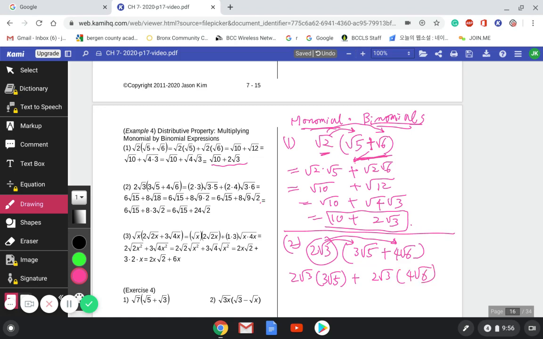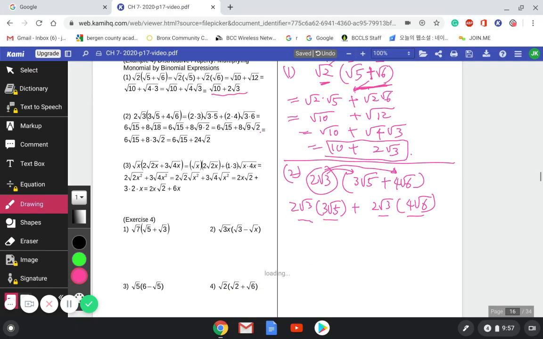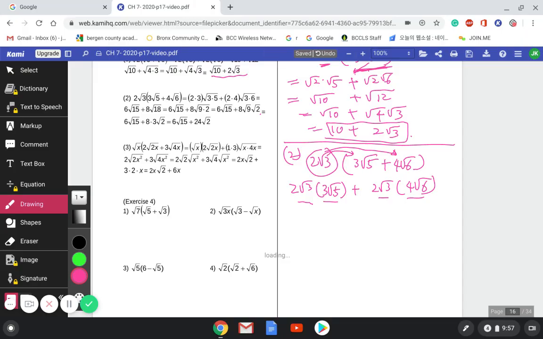And now you have one term multiplied by one term plus one term multiplied by one term, monomial multiplied by monomial. And when you multiply them, outside the one you put them together, inside the one you put them together. Again, outside the one you put them together, inside the one you put them together. So you end up with 6 radical 15, 8 radical 18.